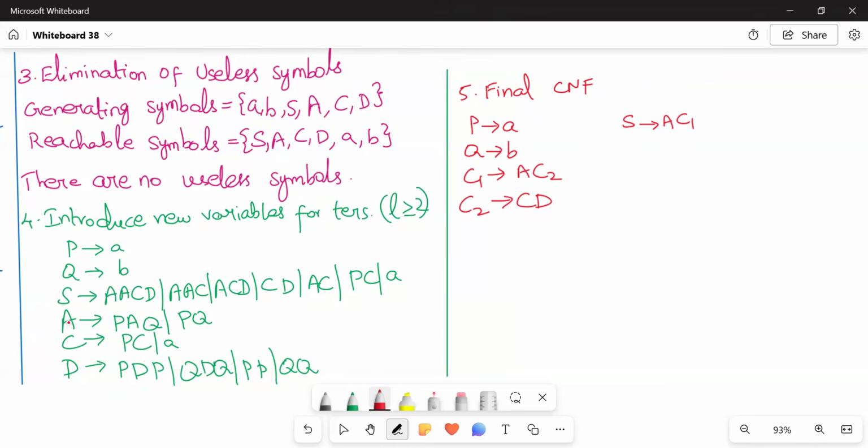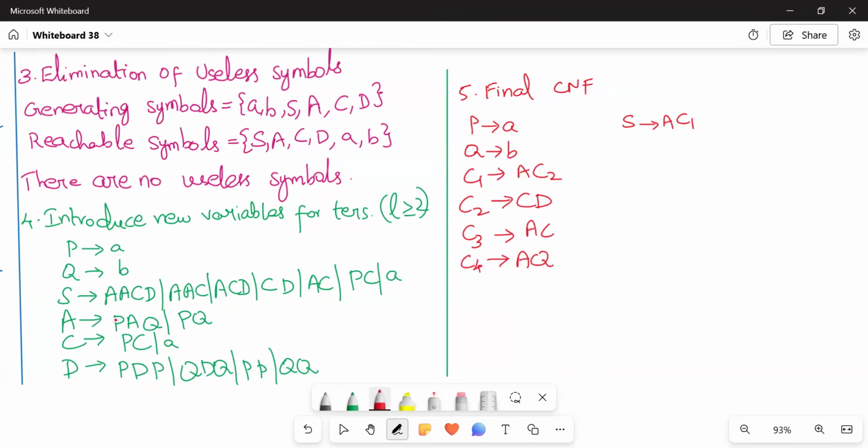Similarly, this production also has three symbols. So for AC, we need one more cascade symbol, C3. Then CD. For CD, we have already written C2, so we can substitute C2 here also. Then here also length 3. So C4 tends to AQ.